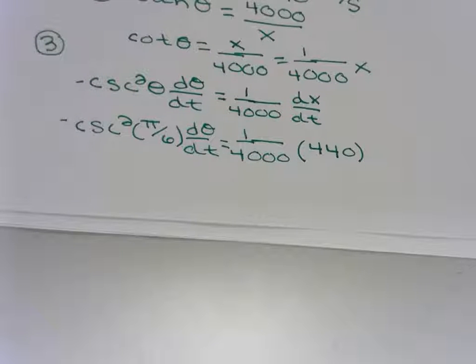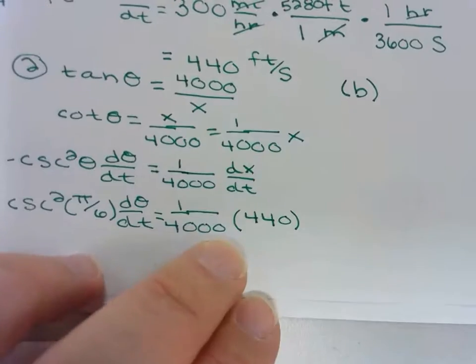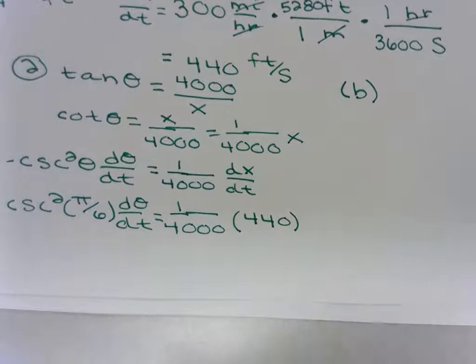Now part B, I want to know how fast the distance between the aircraft and the observation point is changing at this instant. So if I look at part B, it's going to be a little different. What related rate am I looking for in part B? I want to know how fast the distance between the aircraft and the observation point is changing.